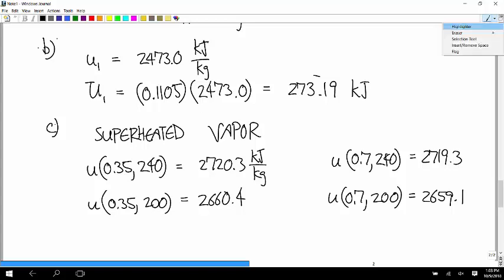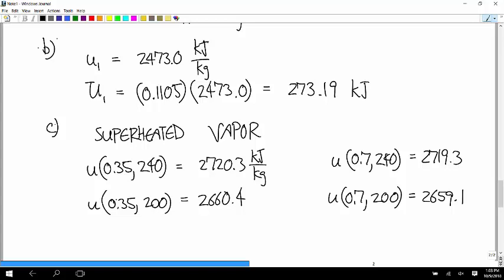And last class or two, we've been talking about these approximations of different materials, incompressible liquids, ideal gases. And in all of the cases that we talked about, we approximate the specific internal energy as a function only of temperature. And so what you expect that to mean is that there isn't too much change in the specific internal energy as you change the pressure, and there's a relatively big change as you change the temperature.